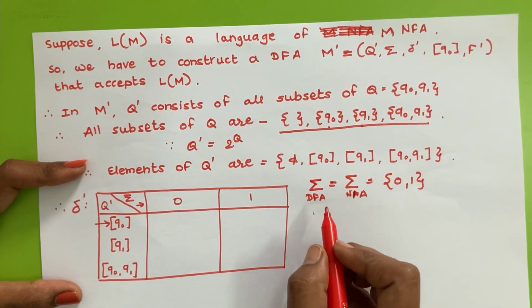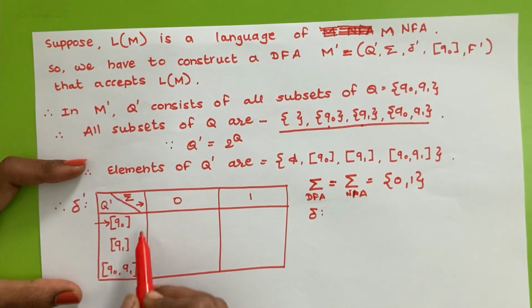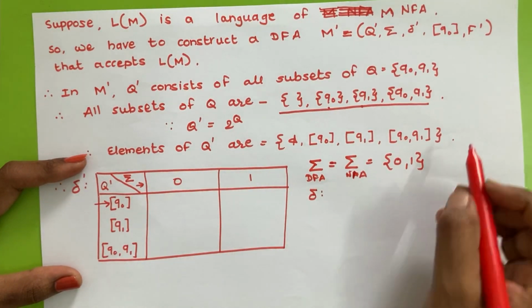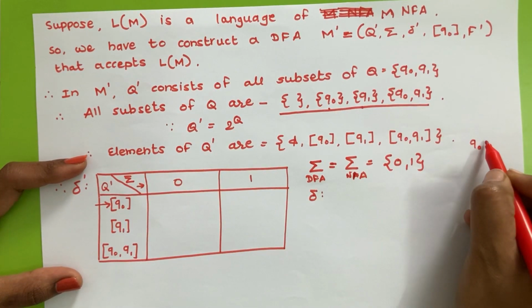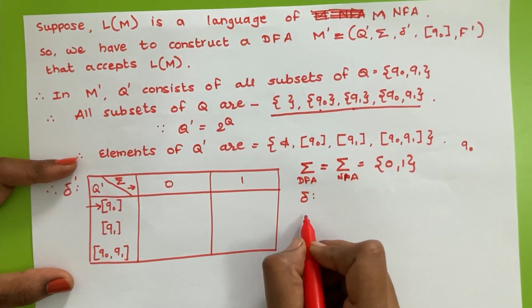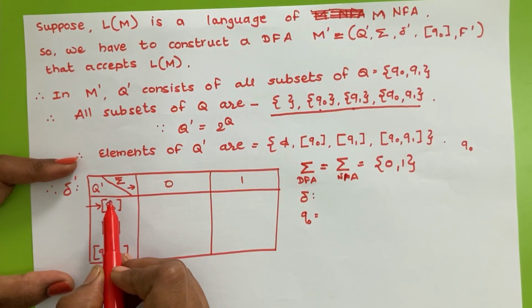Now the next tuple is delta. We have to find out delta here. Next is Q0, which is the initial state, and here the initial state is Q0 itself.